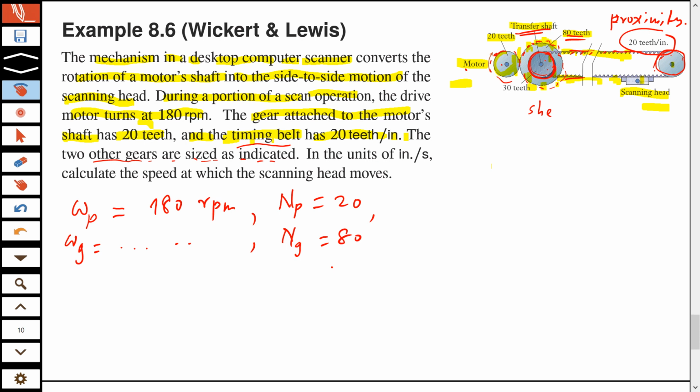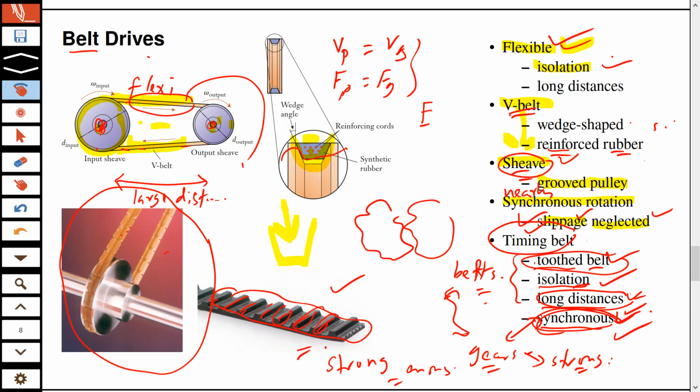Okay, so it looks like if you look at this timing belt, now I understand the question. When we were studying the belt drives, we only had pulleys here, and we were not showing motors. Of course, if this pulley is to be driven by a motor, this shaft must also be connected to a gear.